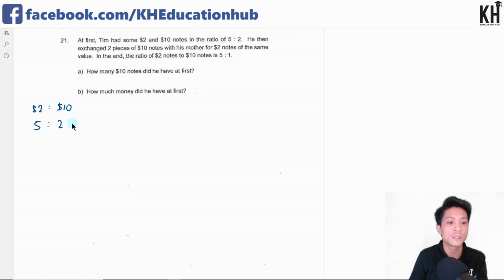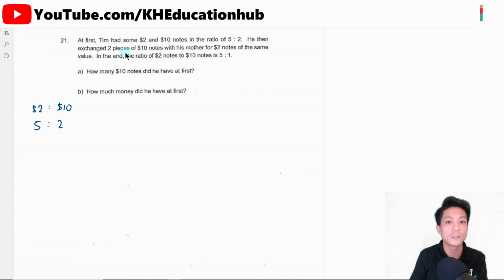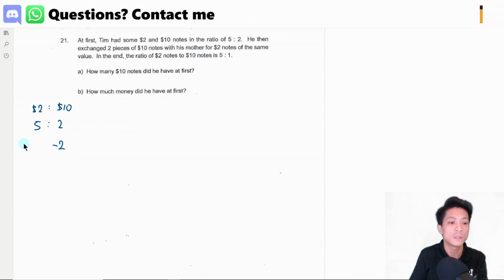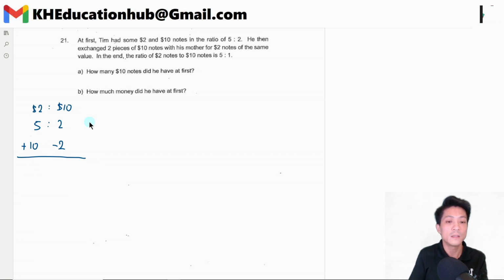Then he exchanged 2 pieces of $10 notes for $2 notes. So there will be an additional 10 pieces of $2 notes. In the end, the ratio of the $2 notes to $10 notes is 5:1.